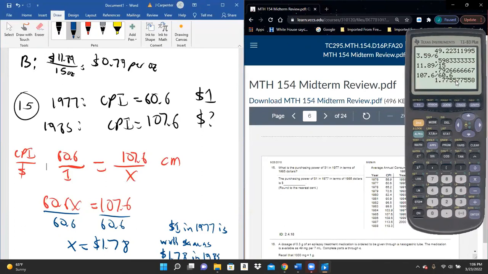But if you were getting raises that were exactly the same as a CPI change, then that means if you buy that good in 1977, maybe you're buying a loaf of bread for $1 in 1977, and then you buy it for $1.78 in 1985, the true cost to yourself never actually changed.